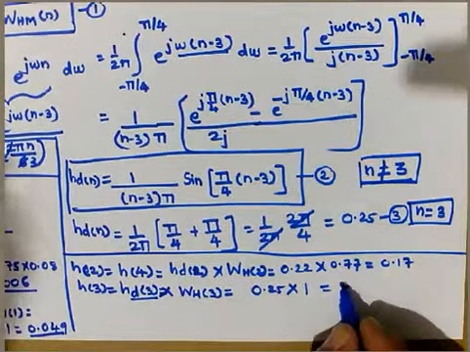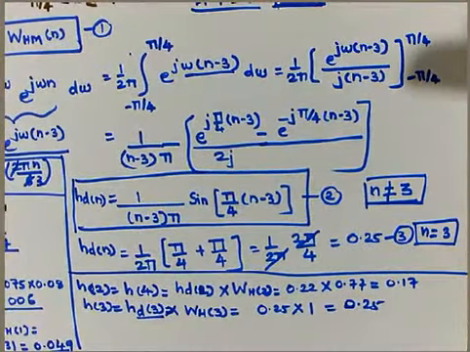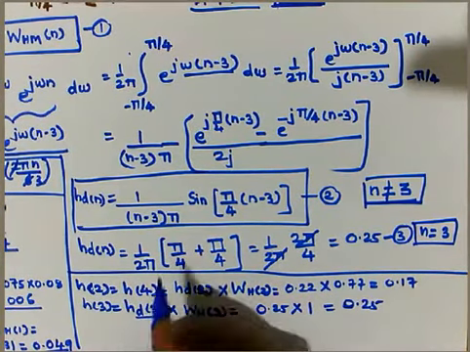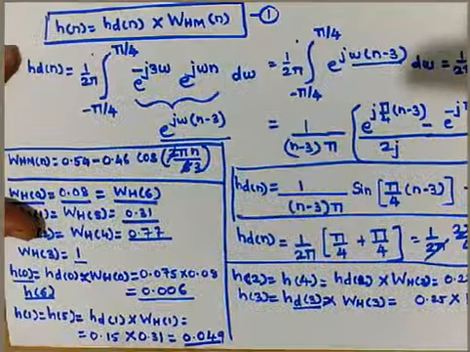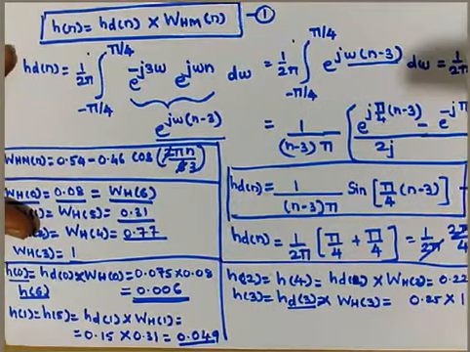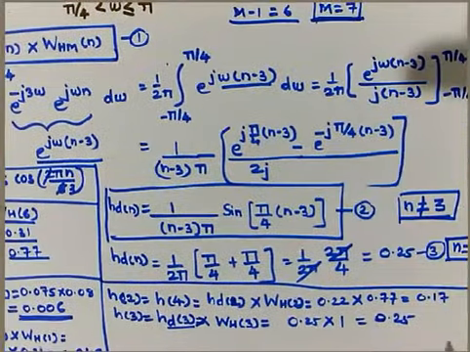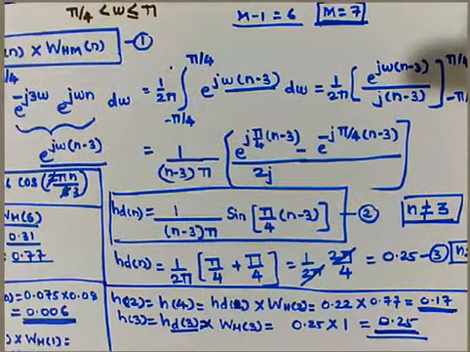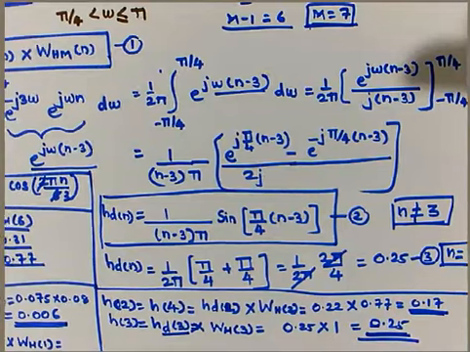So 0.25 is nothing but this value, and the remaining values are simply symmetric, which we calculated earlier. So this is how the filter coefficients h of 0, this value, similarly h of 1 is 0.049, h of 2 is 0.17, and h of 3 is 0.25, are calculated by using the method called the Hamming window technique.